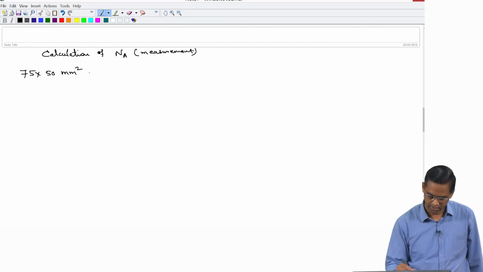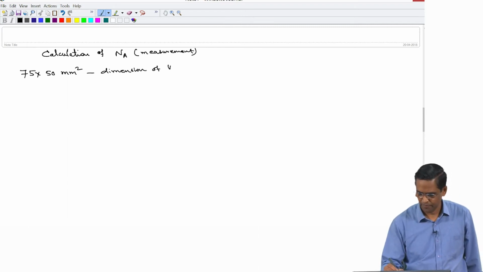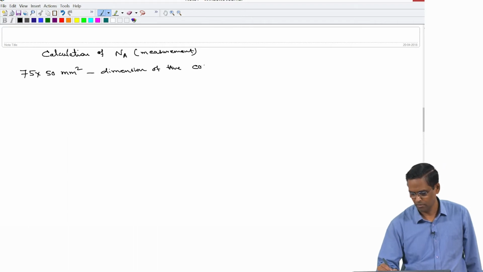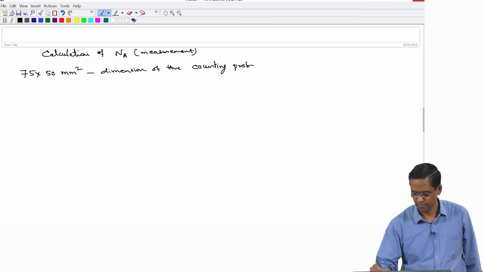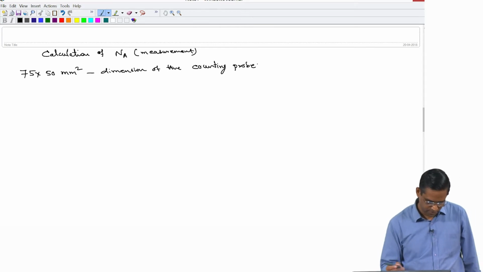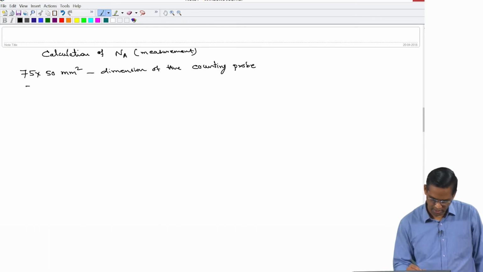Let us write as a dimension of the counting probe. So, again we have to convert them into micron, because we are interested in reporting the results at micron meter.